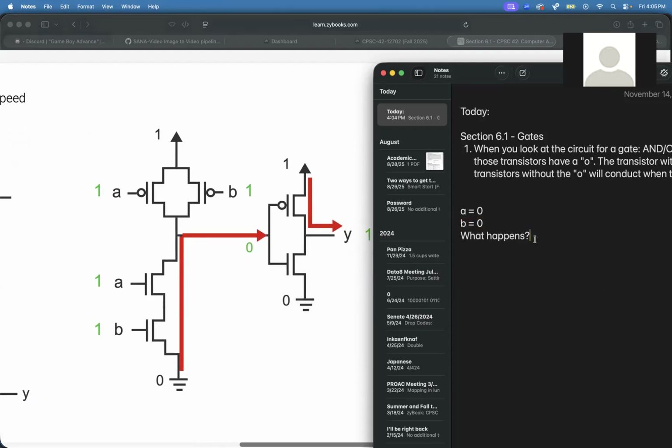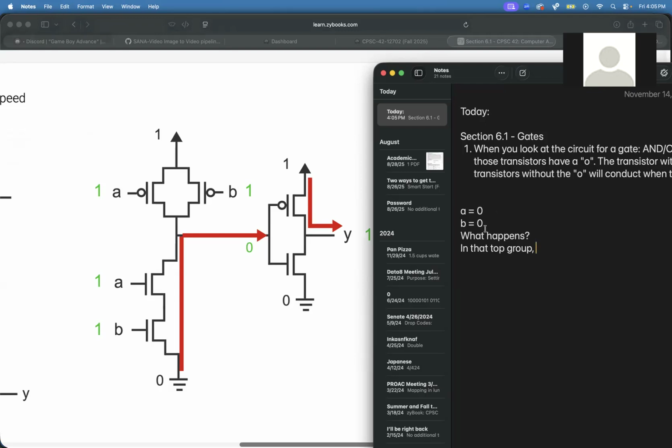So in that top group, A equals zero makes this conduct and the one makes it through here. So this is not the red line we're dealing with, right? Because I changed the input. So the zero comes through here and ends up here. Or sorry, the zero doesn't do that. A is zero, which means the one makes it through on this side and ends up here.